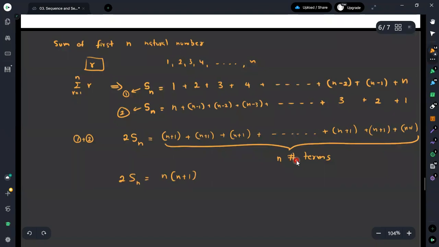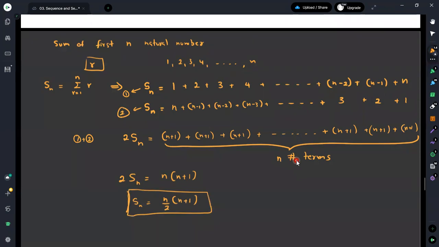Since we need an answer for Sn, where we have defined Sn as this quantity, the value of Sn equals n divided by 2 times n plus 1. Therefore, when asked for the summation of the first n natural numbers, we can get it by using this equation, where Sn equals n divided by 2 times n plus 1.